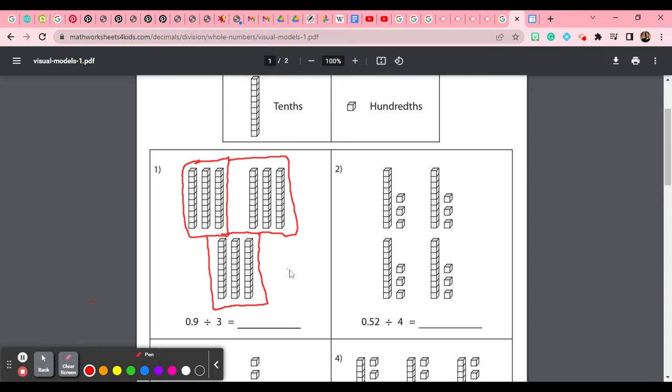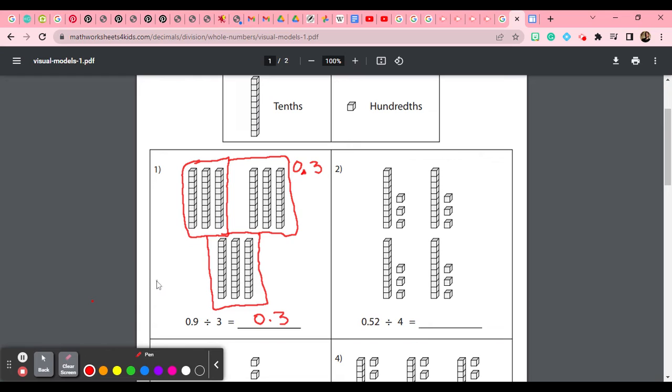So by counting sticks, I can see that 9/10 divided by 3, we get 3 groups that are worth 3/10 each. And we can verify that with our visual because each of these sticks is worth 1/10, and we have 3 of them in each group.